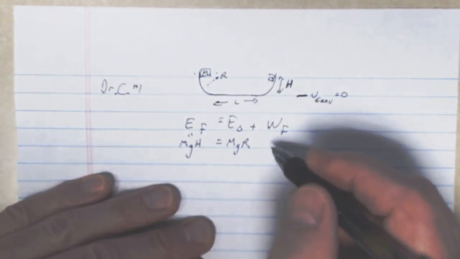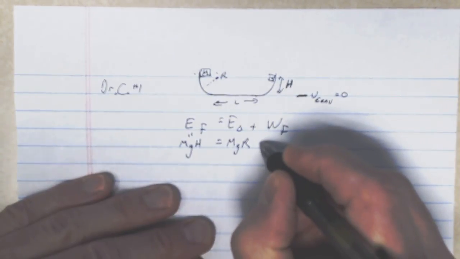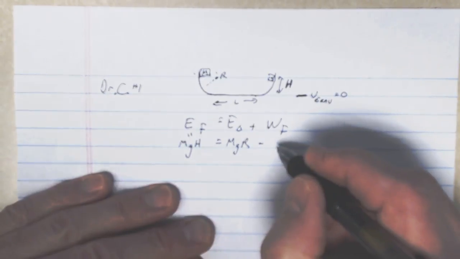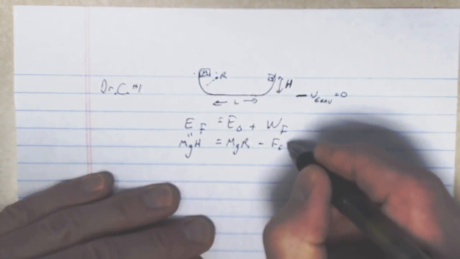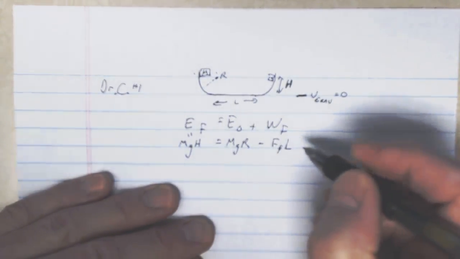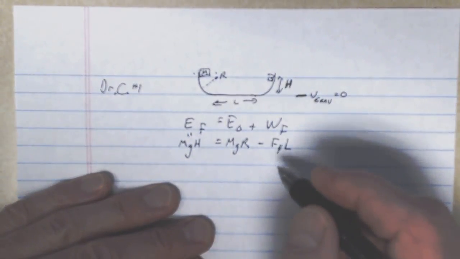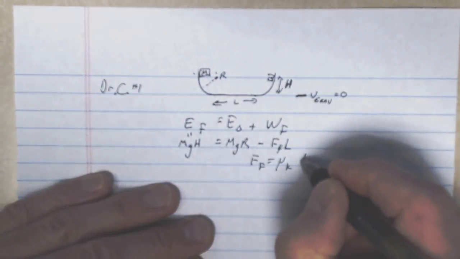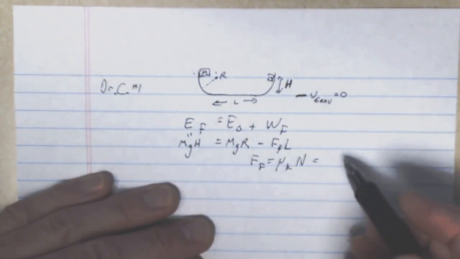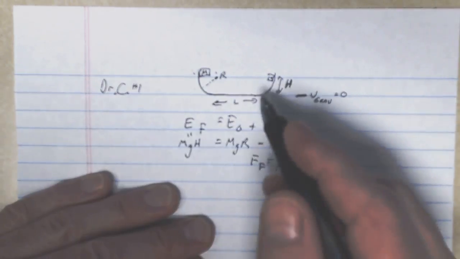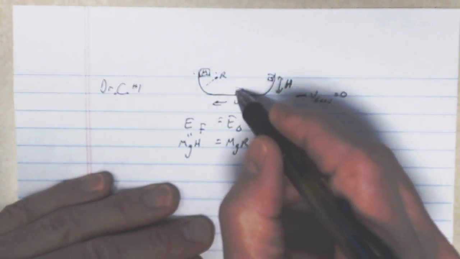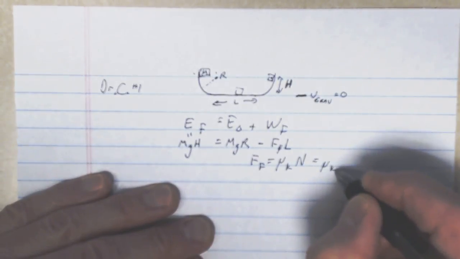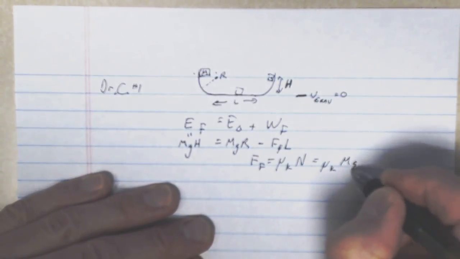Well, the work done by friction will be negative the force of friction times the length of the path that it travels, okay, and the force of friction we know is mu k N, and the normal force, now you could draw the free body diagrams, etc., but hopefully you could see that whenever the block is here, the normal force will be equal to mg, so that's just mu k mg.